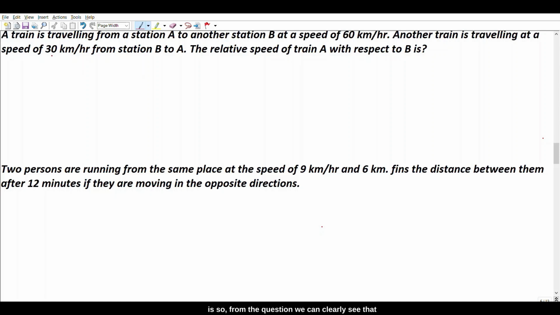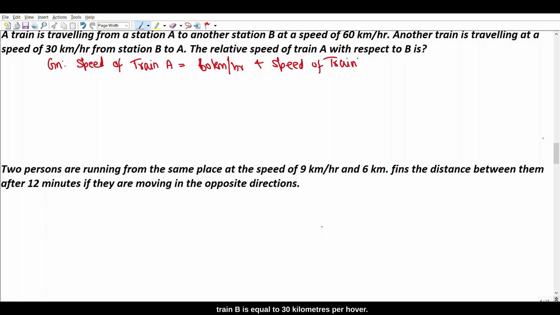From the question, we can clearly see that speed of train A is equal to 60 km per hour, and speed of train B is equal to 30 km per hour. It is given in the question that train A is traveling from station A to B and train B is traveling from station B to A. From the question, we can clearly understand that both the trains are traveling in opposite direction.